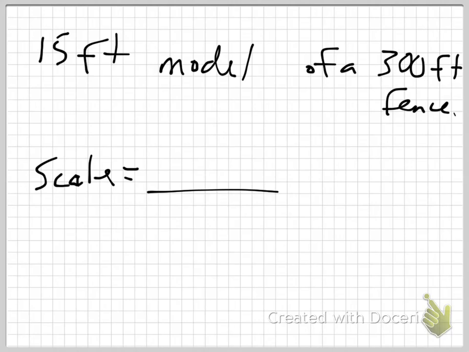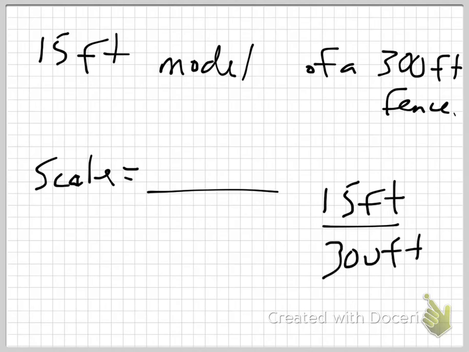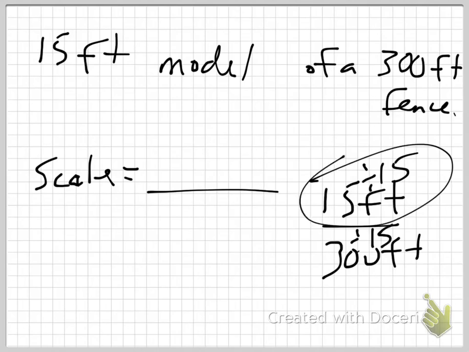So if it was a 15-foot model to a 300-foot fence, how do I get one of them to be 1? You just reduce, or you divide whichever one you want by whatever it is, right? So I'm going to divide both the top and the bottom by 15, because that's going to turn that into 1.